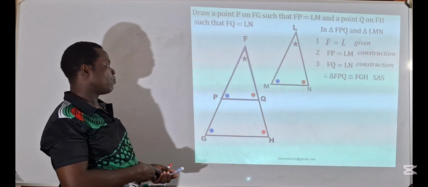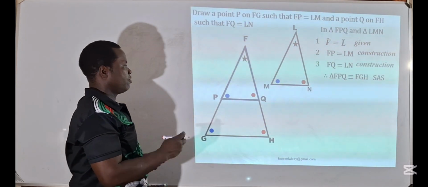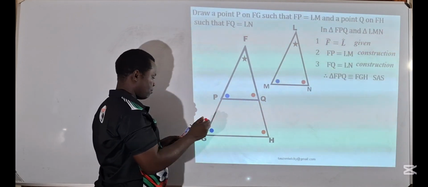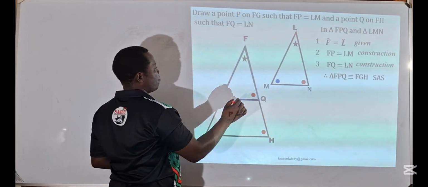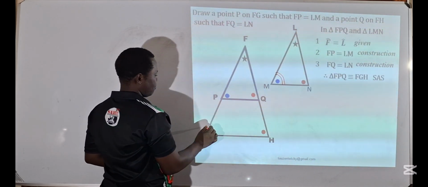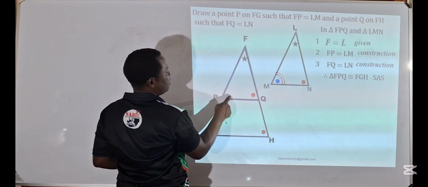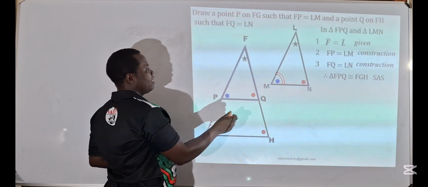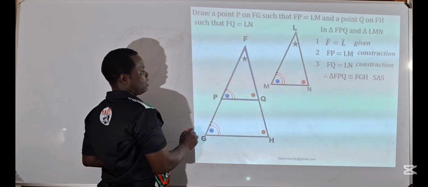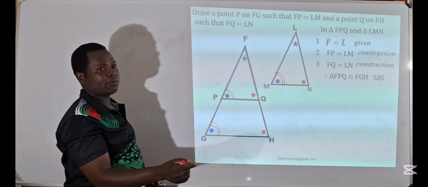Now, after proving congruency, we go on to apply these angles. We have proved that this triangle and this one are equal. So remember, from our previous given information, we were told that this angle here and this angle here are equal to each other. Now, if this triangle and this triangle are congruent, it means that this angle becomes equal to that angle, which means the angle at P and the angle at G are also going to be equal.